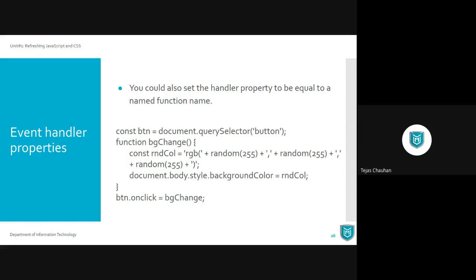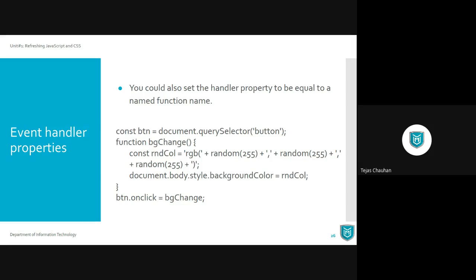So that depends on the need. If I want to apply this function at multiple places, then I'll go for a named function. And if there is no need of using that function multiple times, then definitely I'll go for an anonymous function. So this is the second way of event handling.